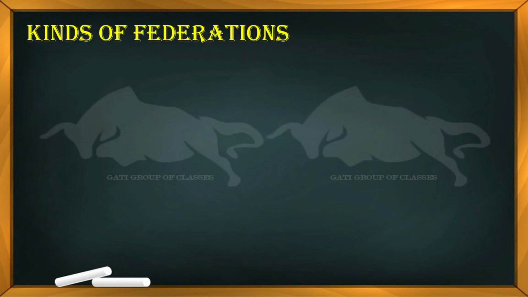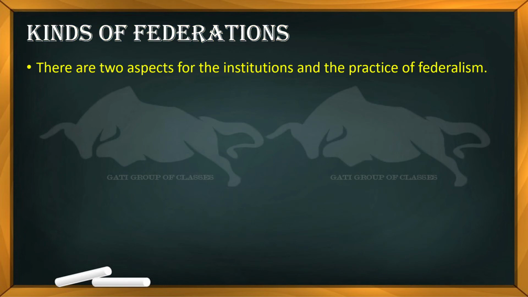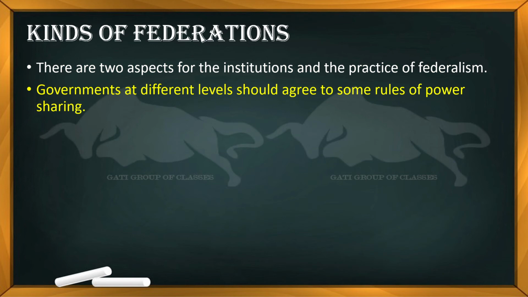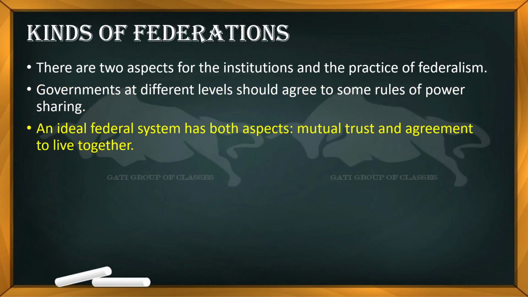Now, the third topic is the kinds of federation. What are the kinds of federation? There are two aspects we can see here. Governments at different levels should agree on some rules of power sharing, which we also covered in the first chapter on power sharing. An ideal federal system has both aspects, mutual trust and agreement to live together.